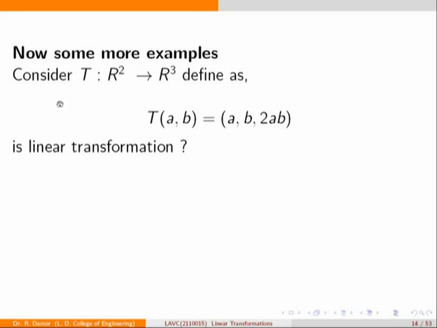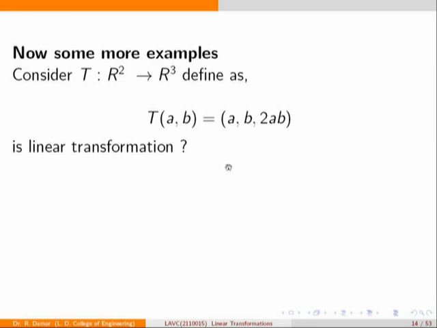So this is the transformation from Rn to Rm where n equal to 2 and m equal to 3, and T of (a, b) is defined. Is this transformation linear or not? With the same concept we used in the generalized vector space V to W, we have to check whether this satisfies the additive property and the homogeneous property.